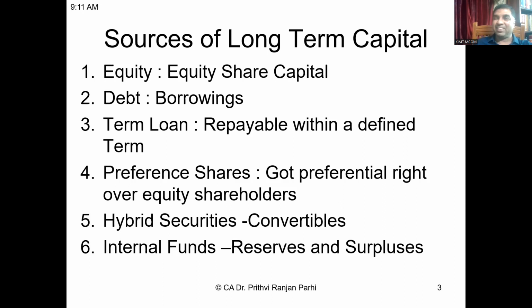Then what is preference shares? Preference shares is another kind of share, not exactly like equity shares. Here, in a preference share, the dividend amount is defined. What is dividend? You might be asking now. Dividend means, as you know, the equity shareholders are the owners of the company, or all shareholders are the owners of the company.